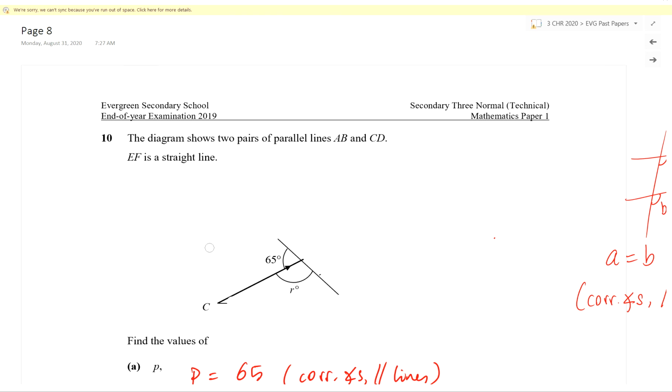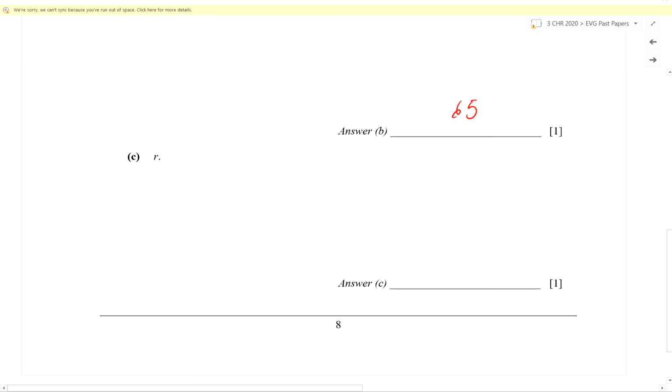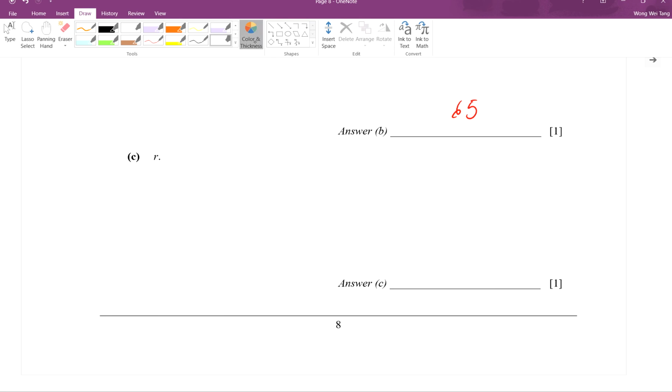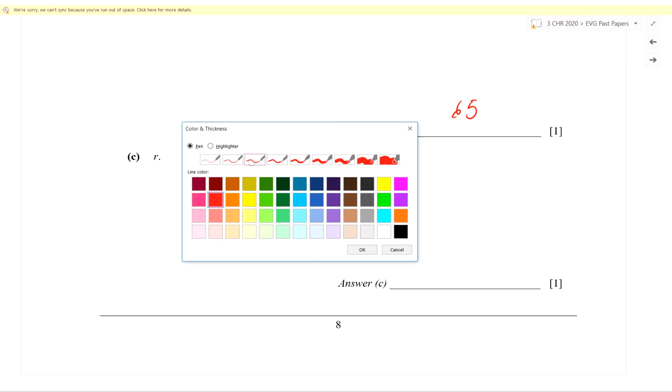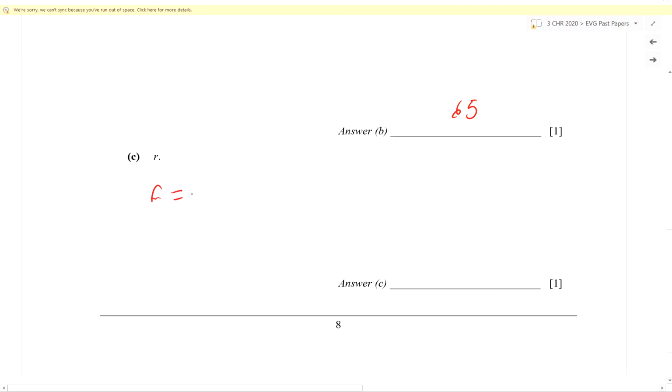Why 180 minus 65? They lie on a straight line. A straight line will be 180 degrees. So R equals 180 minus 65, which is 115. So adjacent angles on a straight line.